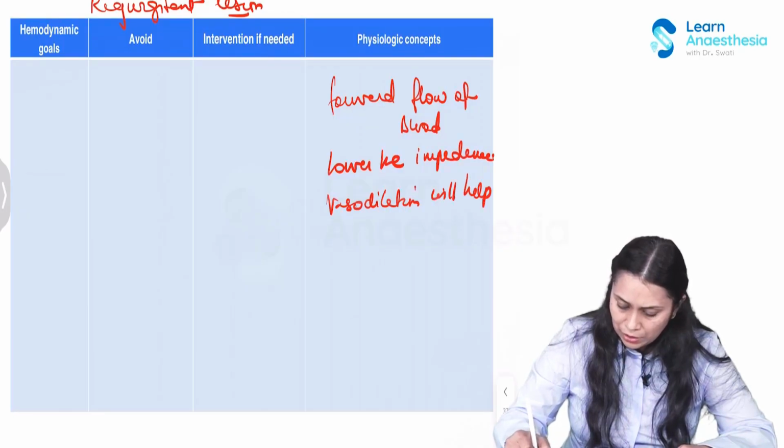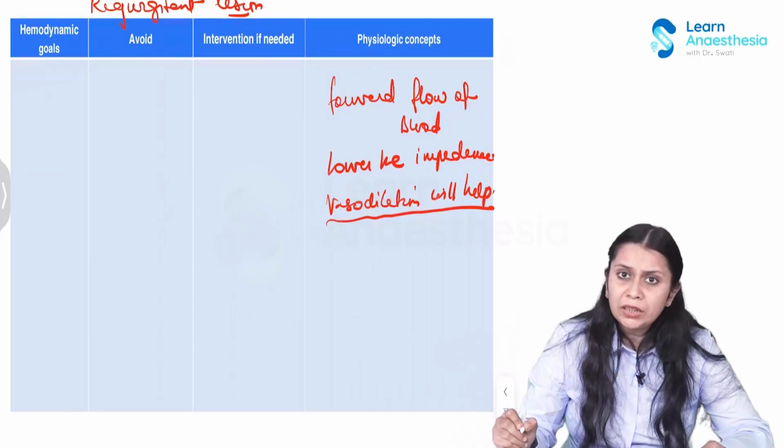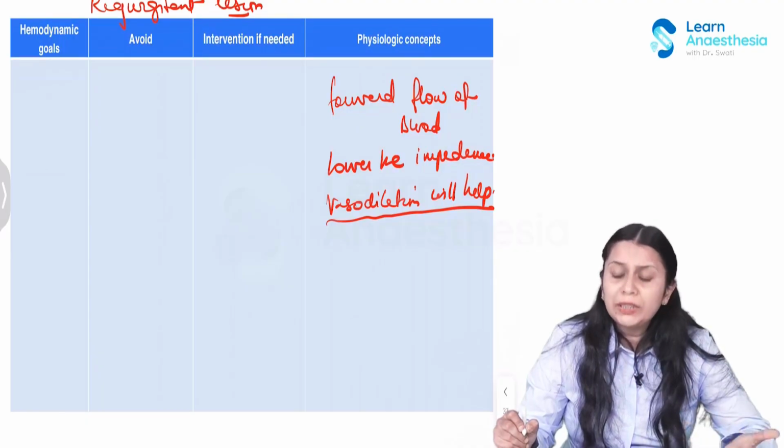Lower the impedance, vasodilatation will help. Okay. And if there is a decrease in heart rate, the diastolic time will increase and the regurgitant fraction would increase.